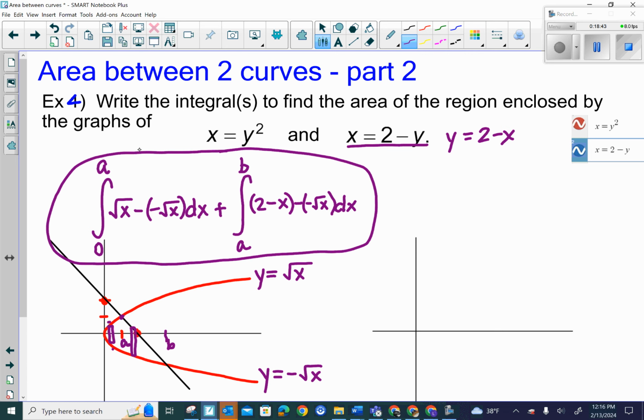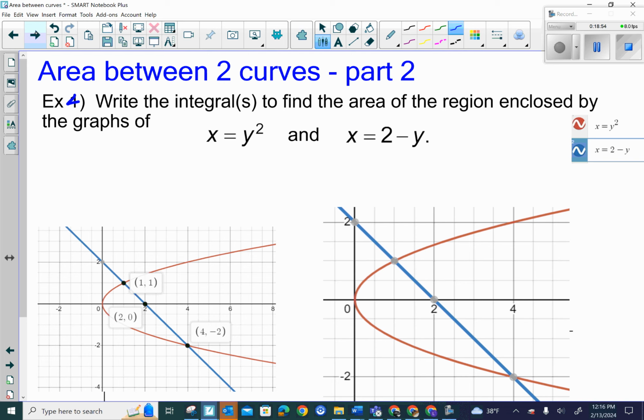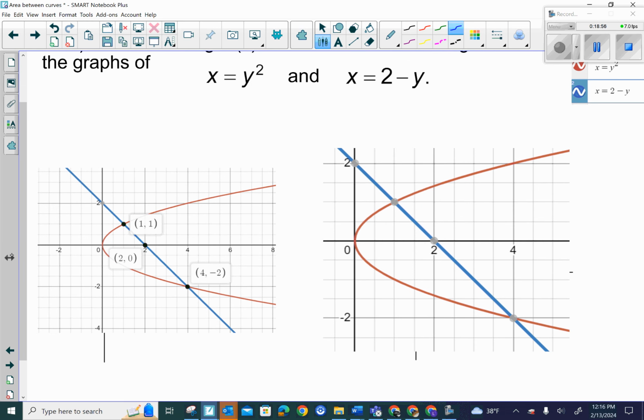What's really nice is that Desmos, by the way, will graph non-functions if you enter x equals y squared and x equals 2 minus y. I did that, and I got a nice clean graph like this. However, in this particular problem, instead of drawing vertical rectangles, what would be a little easier, if your brains can handle it, and you should be able to, is to draw a horizontal rectangle.